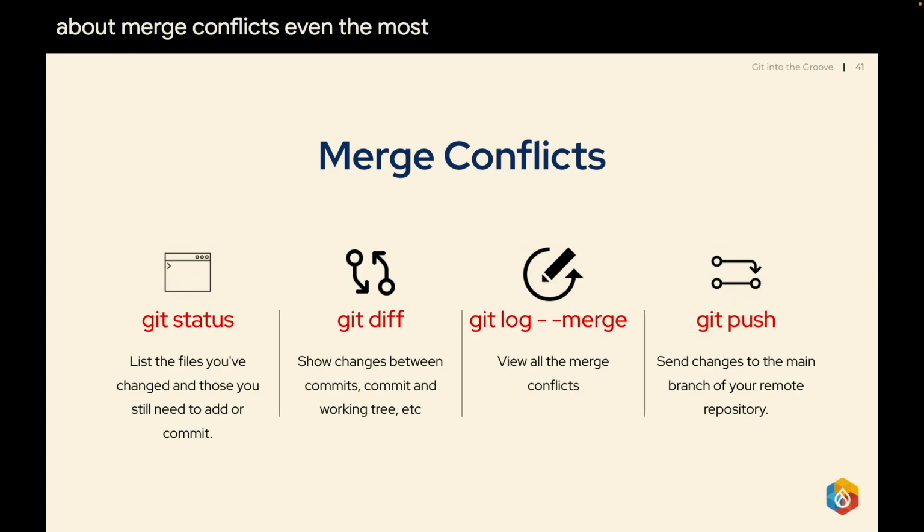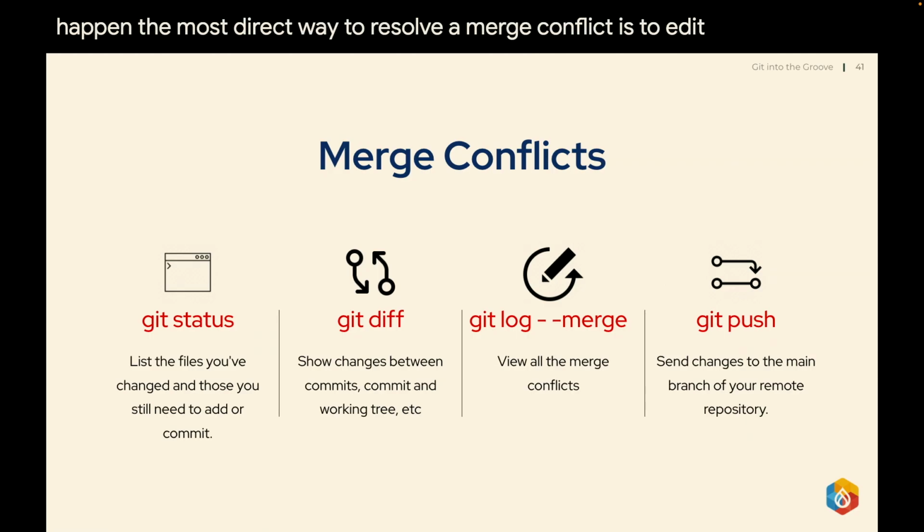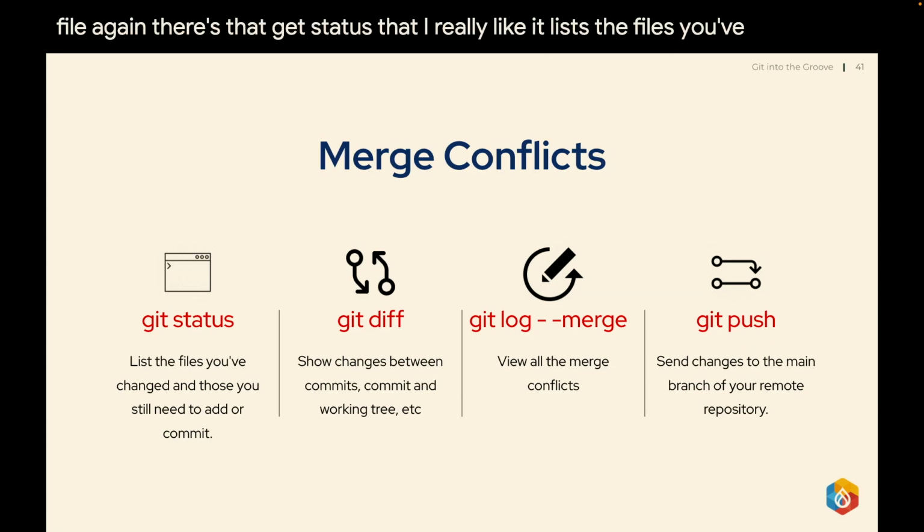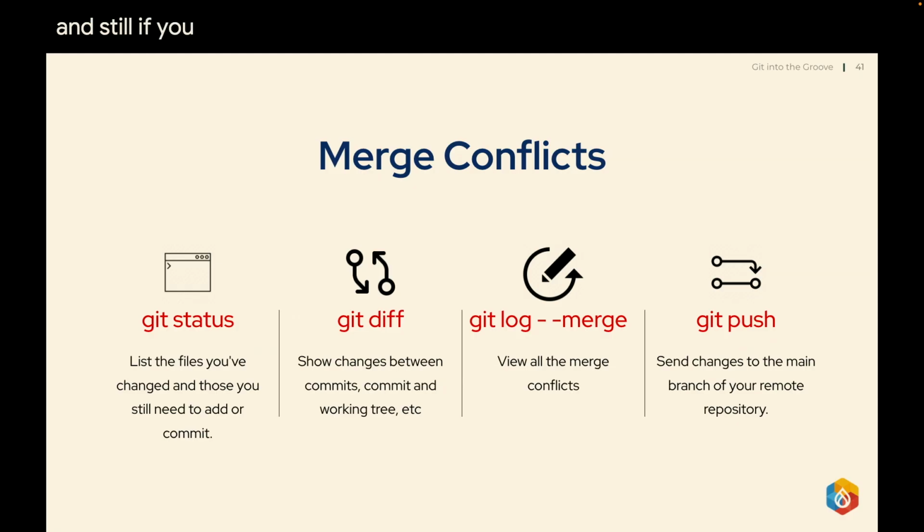Even the most senior developers, this happens, conflicts happen. The most direct way to resolve a merge conflict is to edit the conflicted file. Again, there's that git status that I really like. It lists the files you've changed and if you still need to add or commit. There's that git diff again that shows the changes between the stages of the repository and the files.